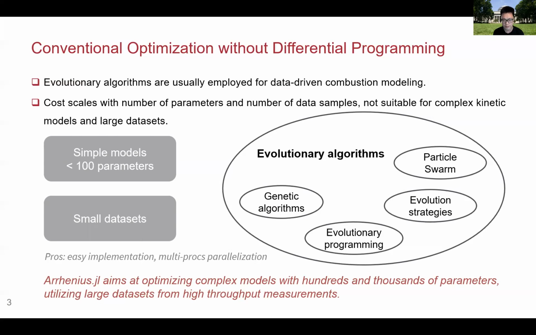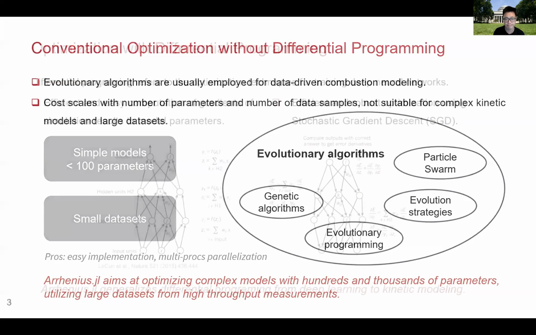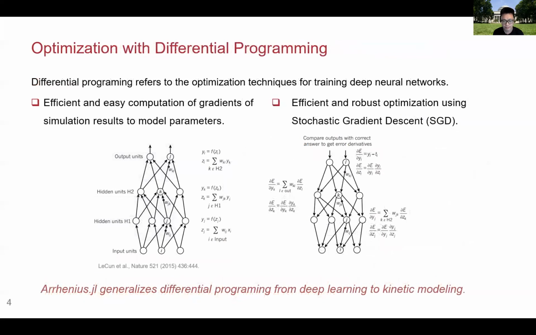So the motivation of developing the Arrhenius package is to optimize complex kinetic models with hundreds, even thousands of parameters, utilizing big data sets from high-throughput experiments.